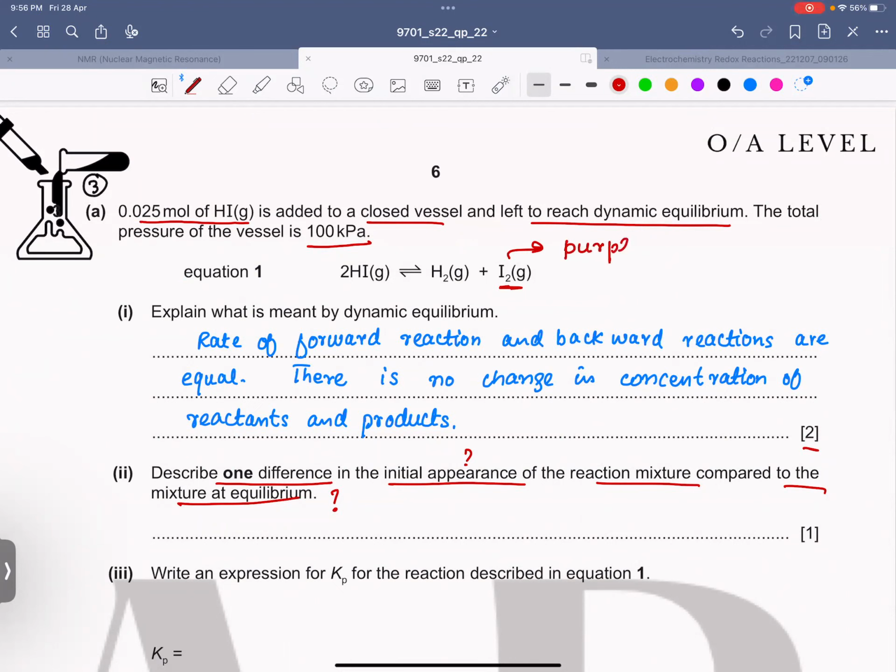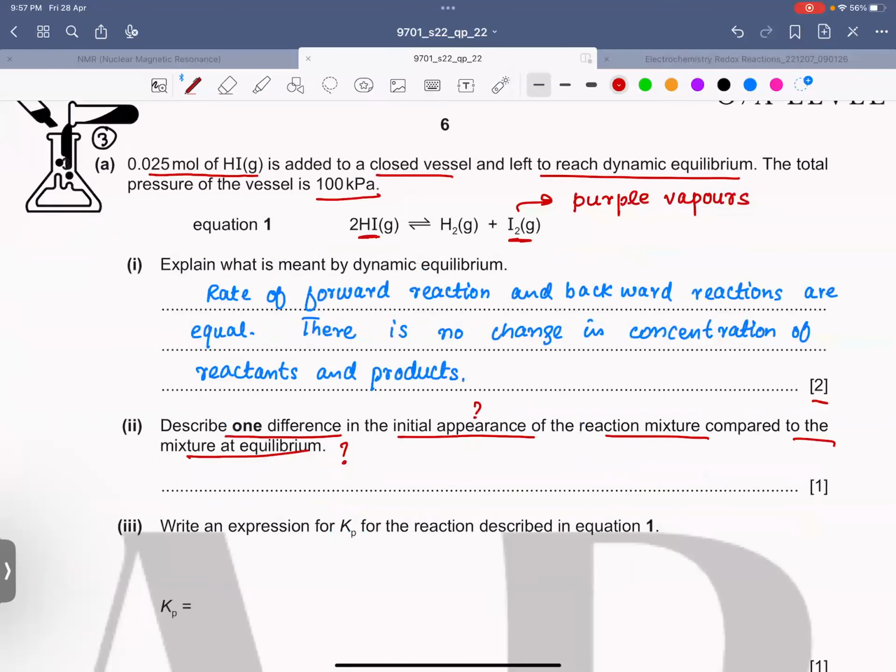Aren't they purple vapors? The initial compound is a compound of group 7, and compounds of group 7 are colorless unless they have a transition metal. So the color change would be colorless to purple. Is this clear to everyone? Yes.